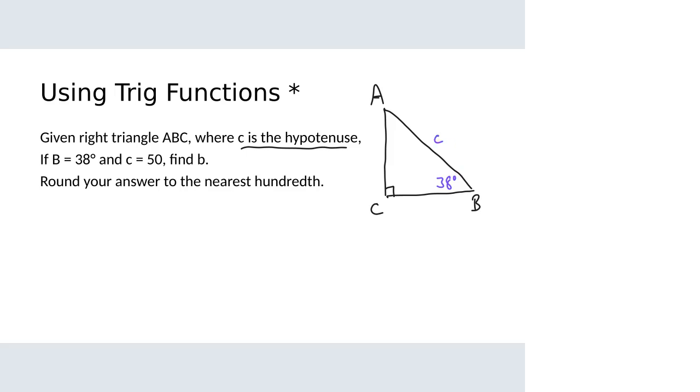So instead of calling that c, we'll go ahead and call it 50. That's 38 degrees, and that's 50. And then what we're trying to find is side B. Oh gosh, which one's side B? Side B is the one that is across from angle B. So that's the one we're looking for.